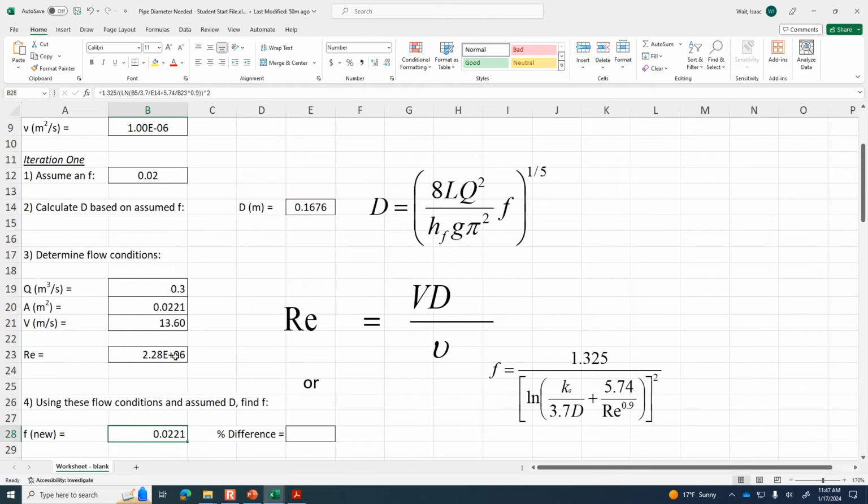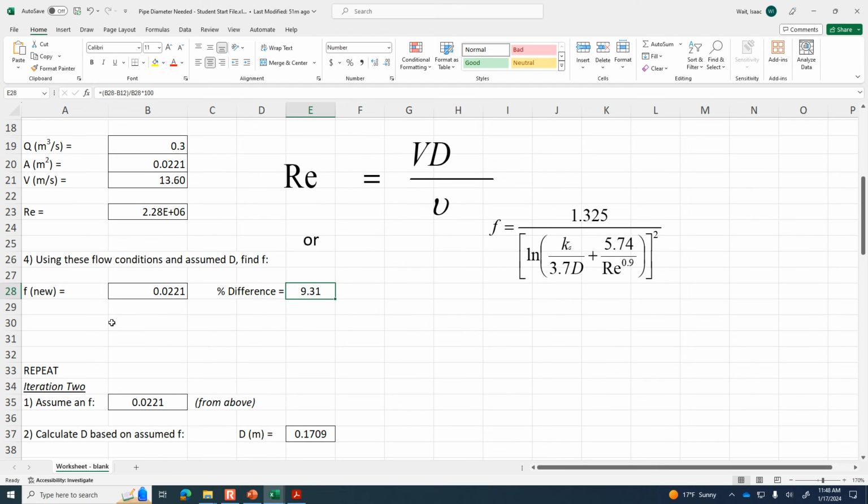So I have a new improved guess of the F value. And so how much did it change from the previous guess? The percent difference is the new one minus the old one divided by the new one times 100. So it changed 9.31%.